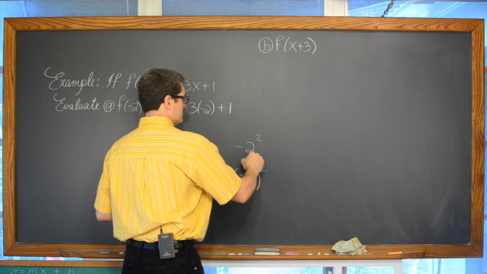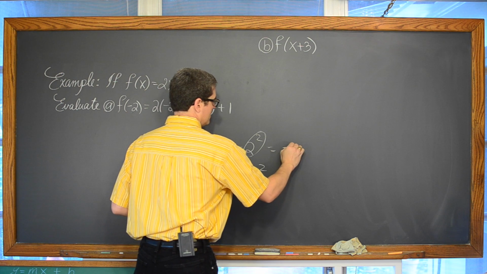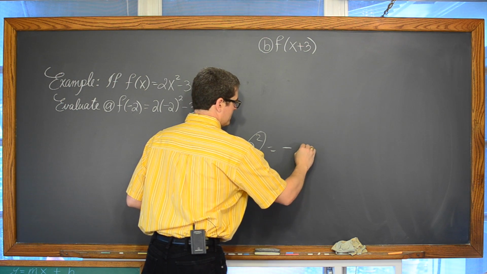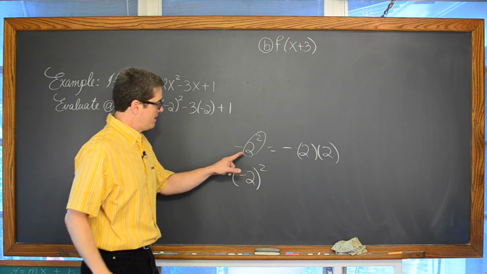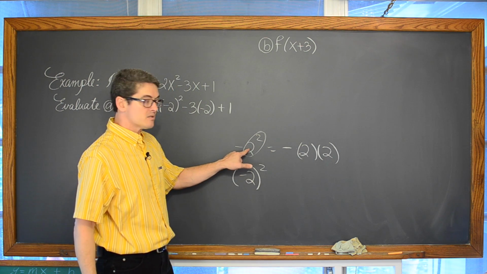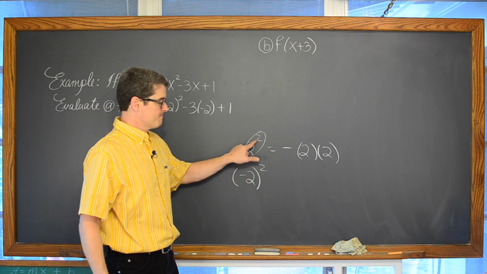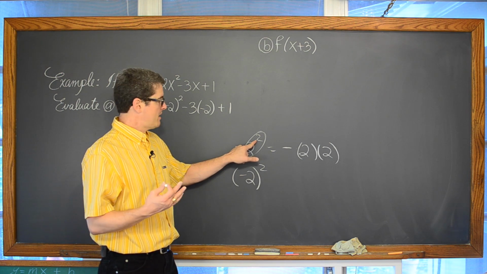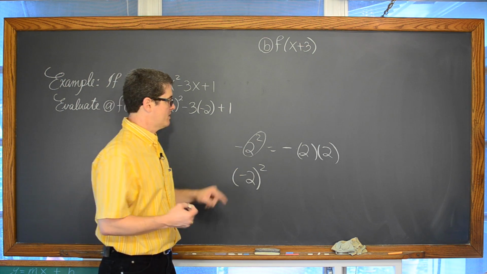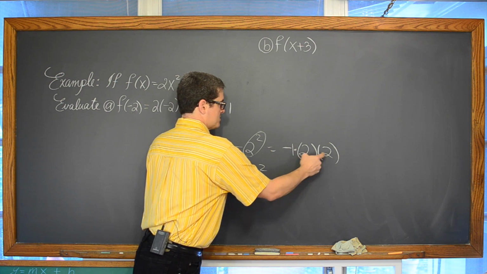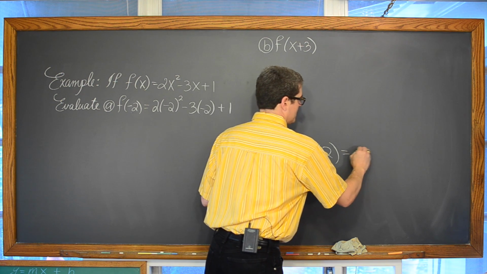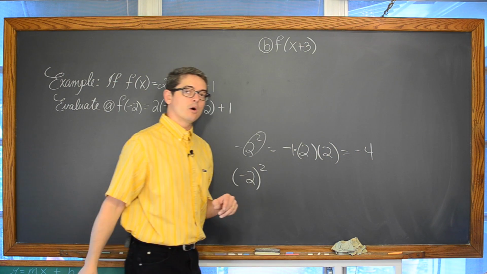This negative 2 to the second power is the negative with the 2 being squared, and really with that negative not inside the parentheses, not being affected by that exponent of 2, it's kind of like a negative 1 times 2 squared, which is going to give you an answer of negative 4.